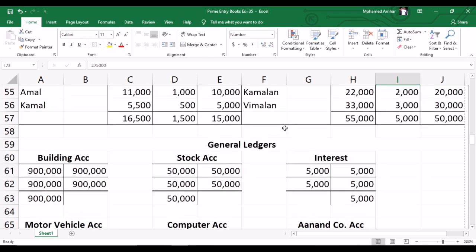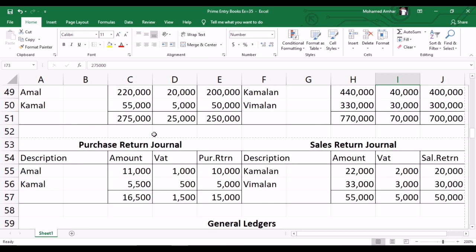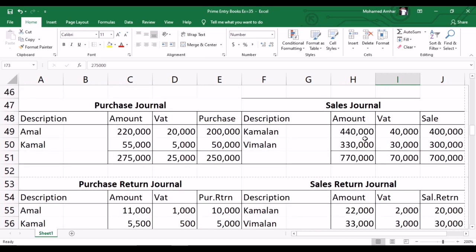Then the sales journal. Get the total of the sales journal. Yes, this is the sale, 700,000. You have to credit the sales account, and 70,000 you have to credit to the VAT account, because when selling we collect the VAT, so that is payable.